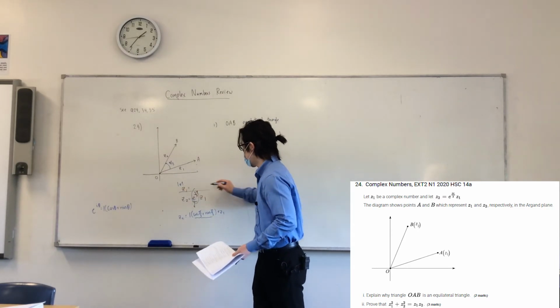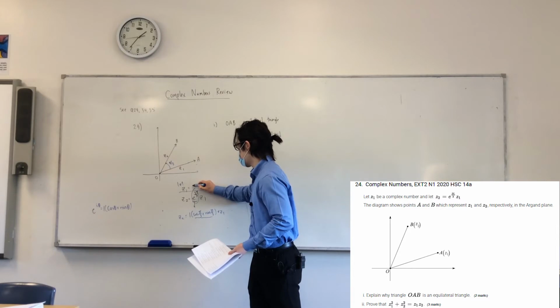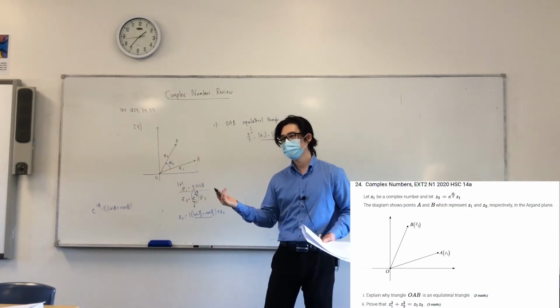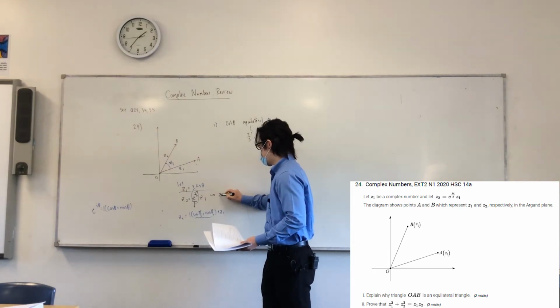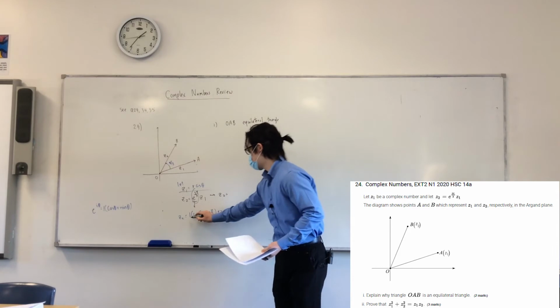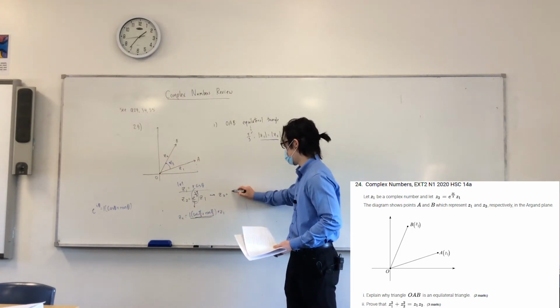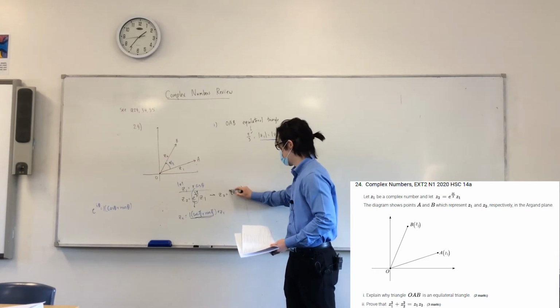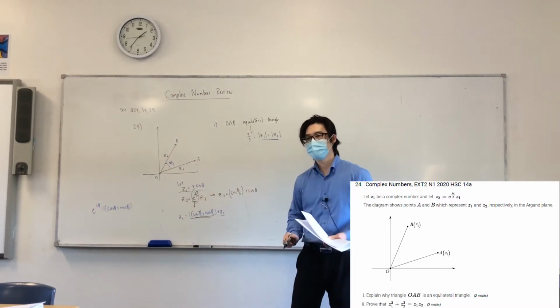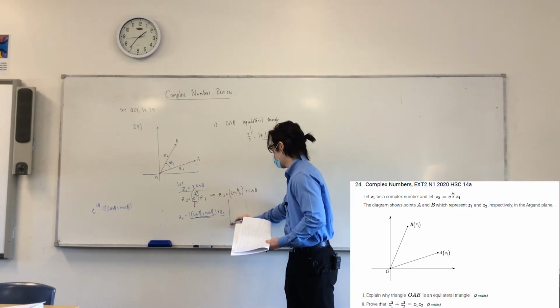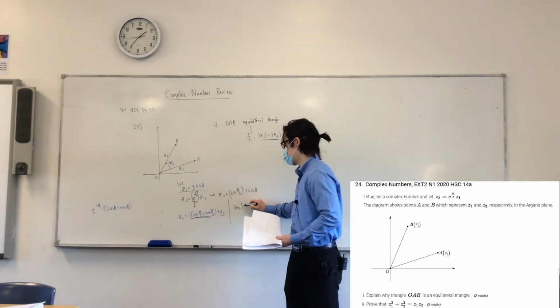Okay, you know what? To make it explicit, let's let Z1 equal to, let's say it's that. Then what is Z2? It's that. So really, it's just cis pi over 3 times Z1, which is r cis theta, right? From here, what's the modulus of Z2?